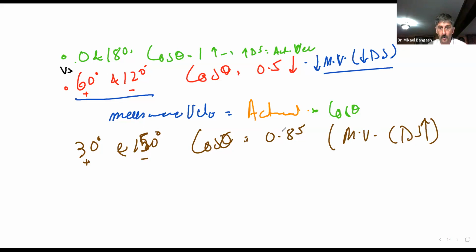Or we can say it is closer to the actual velocity than at a 60-degree angle.